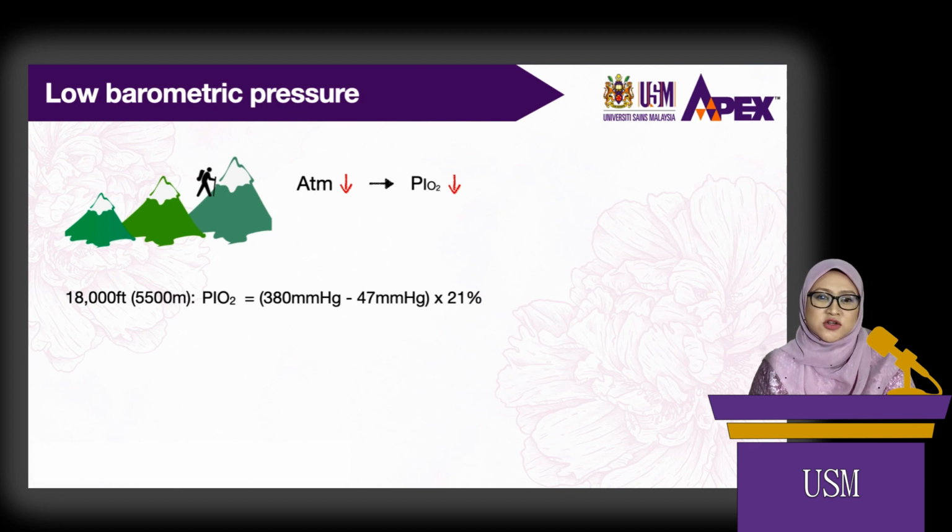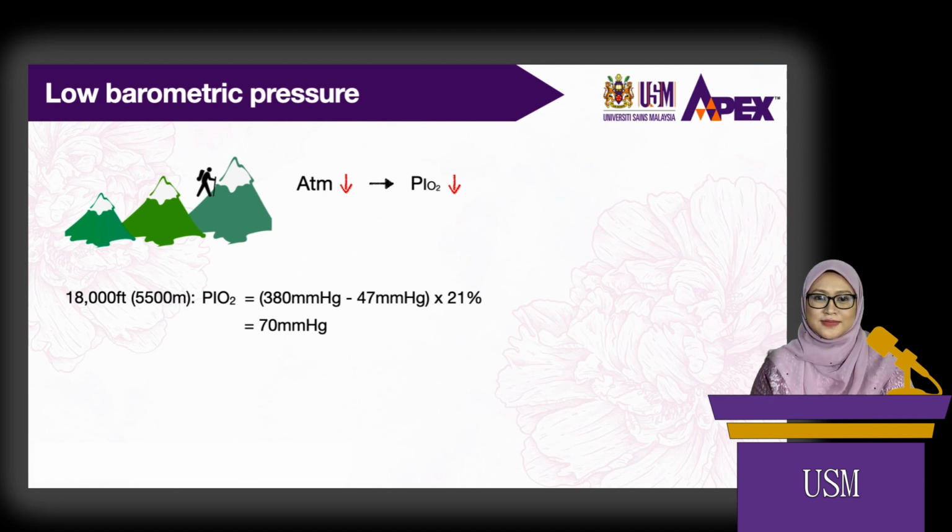The fractional concentration of oxygen remains unchanged. So, at 18,000 feet, partial pressure of oxygen in the inspired air is only 70 mmHg as opposed to 160 normally.